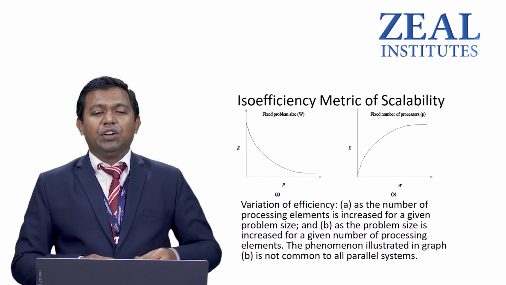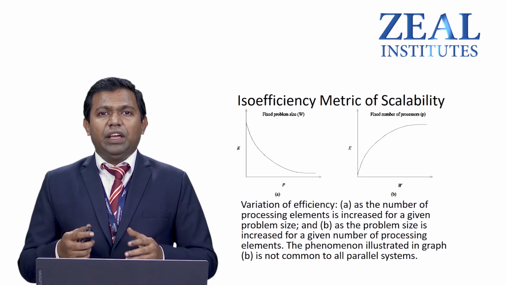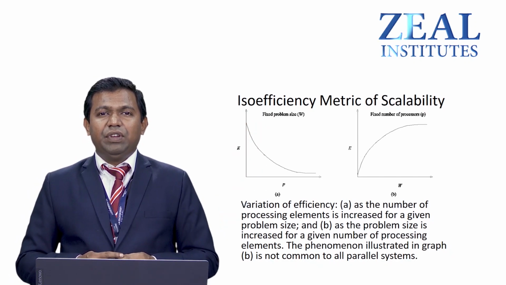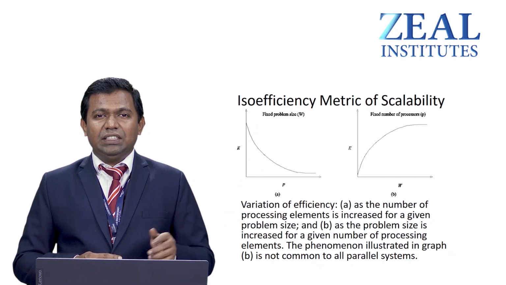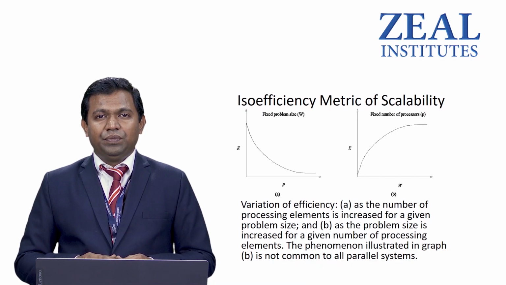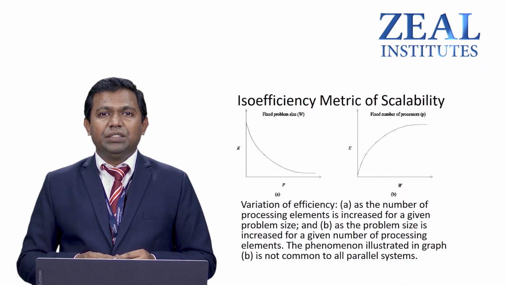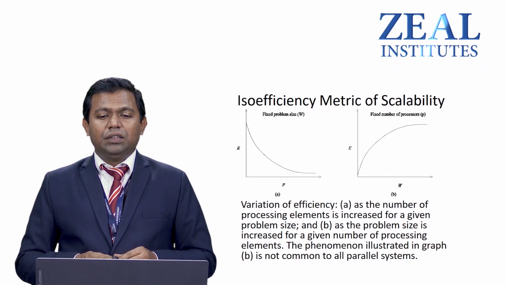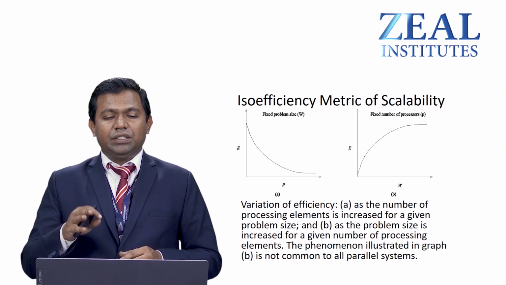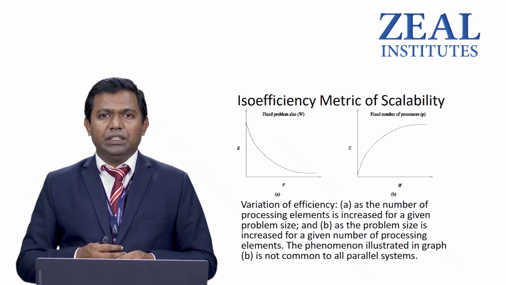As you can see in the figure over here, you have two figures, A and B. There we can see a variation of efficiency. On the y-axis we have efficiency, and on the x-axis we have the number of processing elements used for a parallel system. In figure A, as the number of processing elements is increased, the problem size also increases.